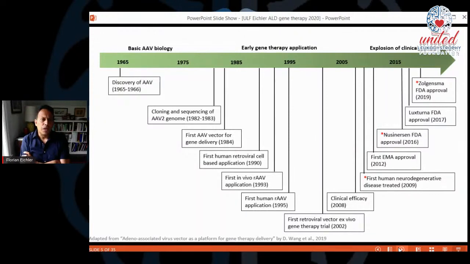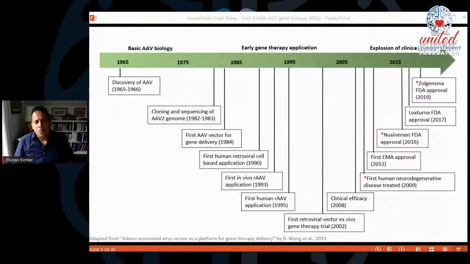But just to point out that this has been a long time in the making, both with the discovery of adeno-associated viruses, the first human retroviral cell-based applications in the 1990s, and then those of adeno-associated virus applications in humans shortly thereafter.